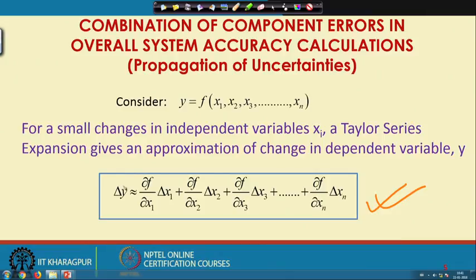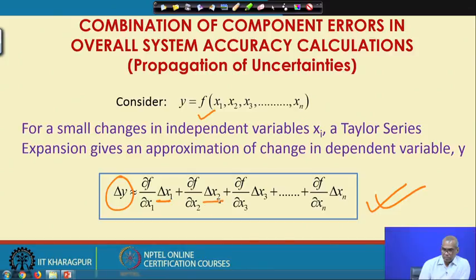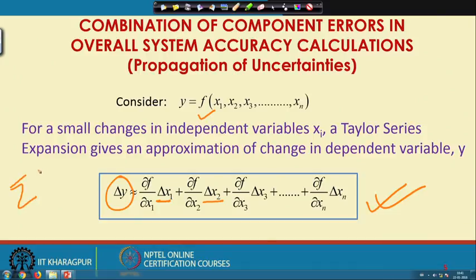So, the change in the dependent variable y can be computed as del f by del x1 into delta x1, plus del f by del x2 into delta x2, and so on and so forth. In other words, it is a sum of quantities like del f by del x_i delta x_i, which is delta y.